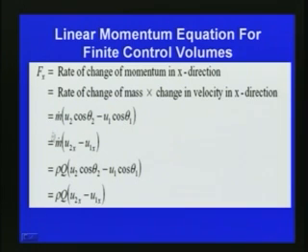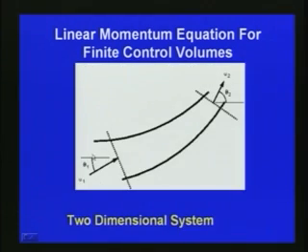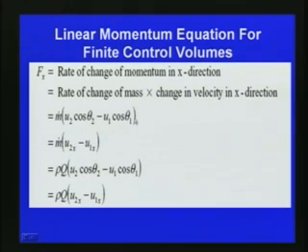So, this is Fx. If u2 cos theta 2 is written as u2x in the x direction, and u1 cos theta 1 is written as u1x, then finally Fx is equal to m dash (u2x minus u1x).